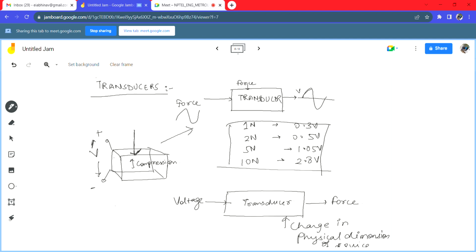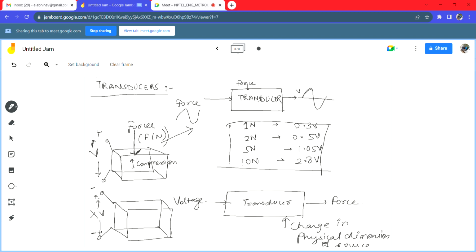Now again let us see, we have the same cuboid transducer, and this time instead of applying this force F that we were applying here, let us say we take this positive terminal and negative terminal and we apply a known voltage of say X volts.